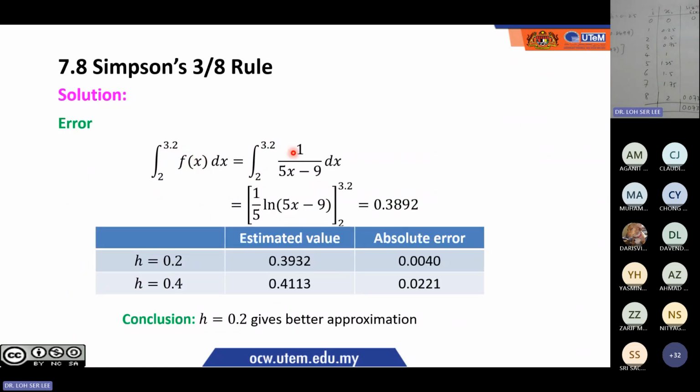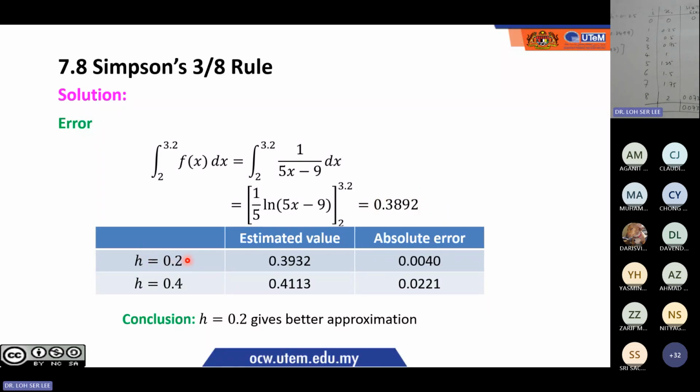If this fx is 1 over 5x minus 9, we integrate this, we get a long function. Then substitute 3.2 into x minus substitution of 2 into x, you get this actual value. This is the actual solution.